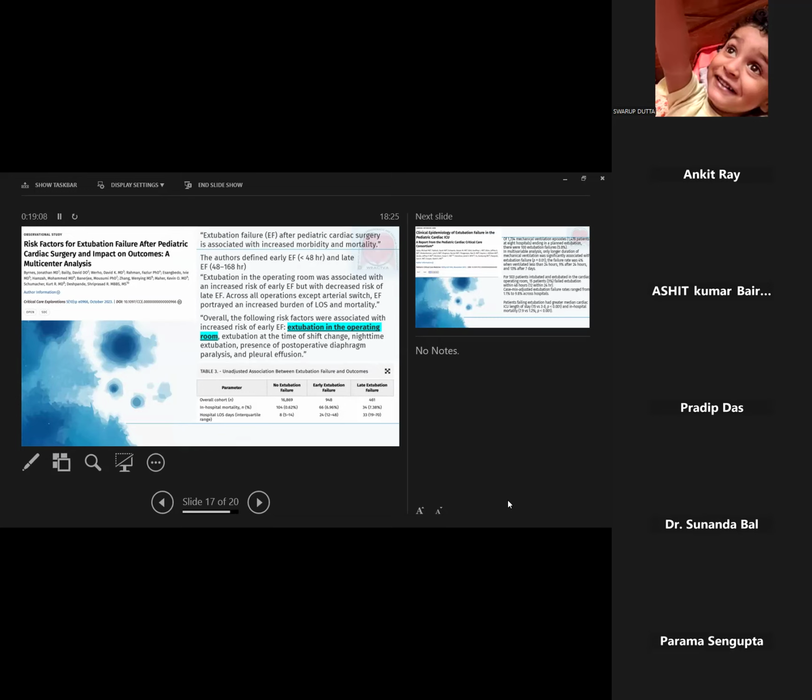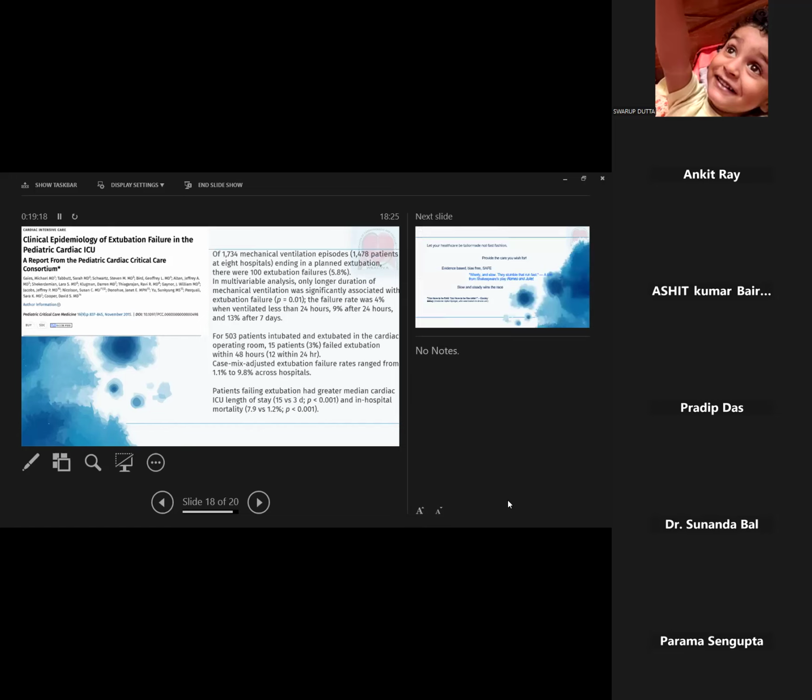So in all these four parameters, the comparison is in favor of operating room extubation. But obviously not everything, if the criteria match. I was just wondering about that 6 hours.